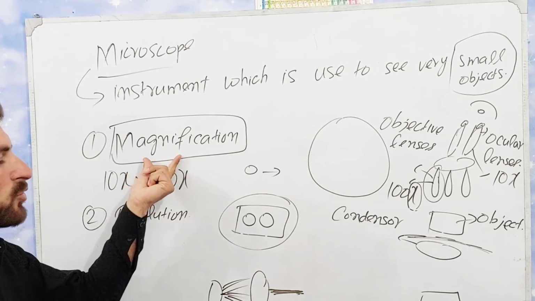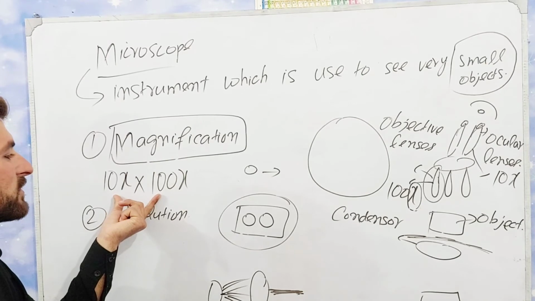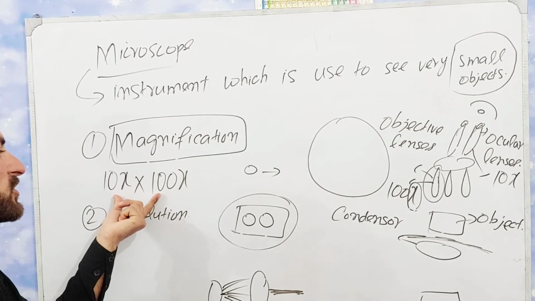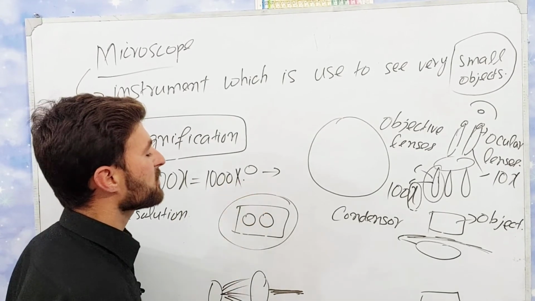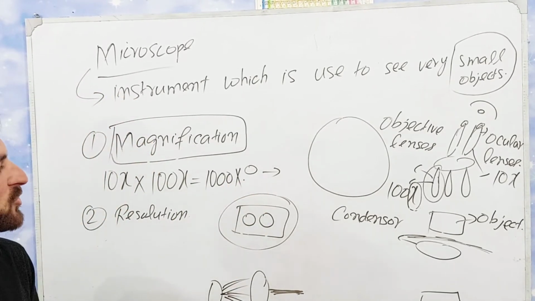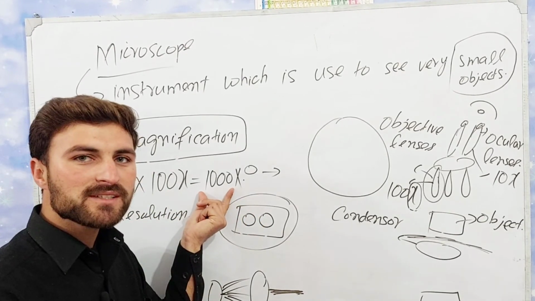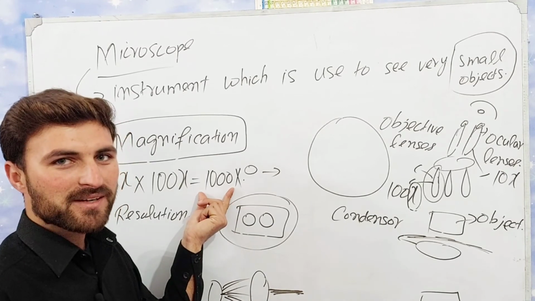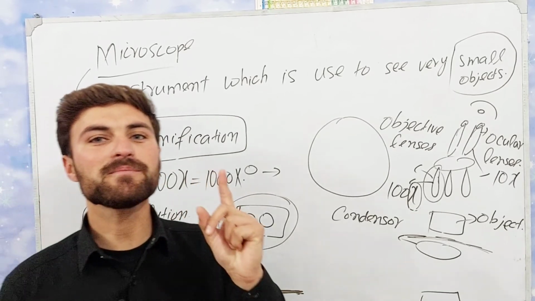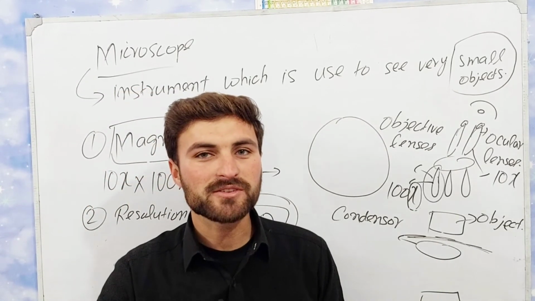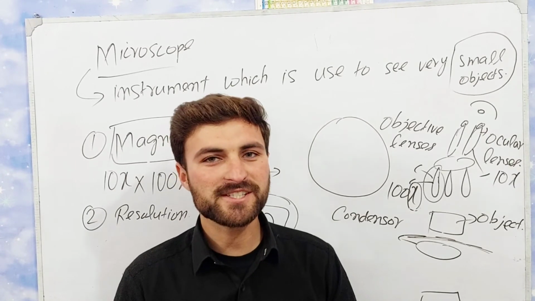To determine the magnification of the microscope, we have to multiply these two with each other, and we will get 1000x magnification power. So what does it mean? If the microscope has 1000x magnification power, that means we can see the object 1000 times bigger in that microscope than with the naked eyes. I hope this is clear to you.